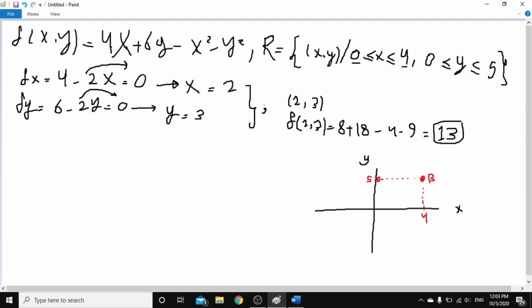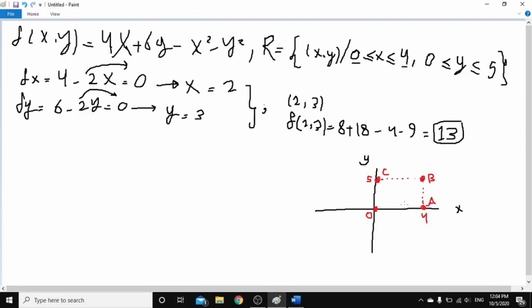And here we also have a point, we can name it C. And we also have a point here called A. And we also have a point here, let's make it O. So here we have 4 points, a rectangular region.